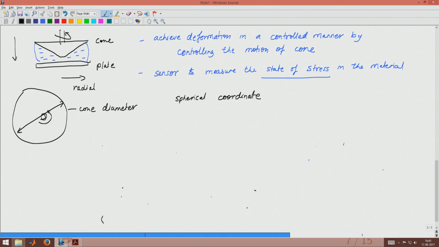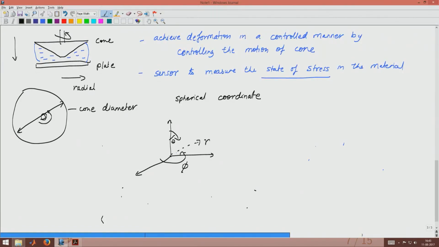If we try to draw the spherical coordinate system, generally what we do is measure theta from the vertical axis, and phi is measured in the plane itself, and then of course we have the radial direction. So, how do we map this spherical coordinate system onto the cone and plate?